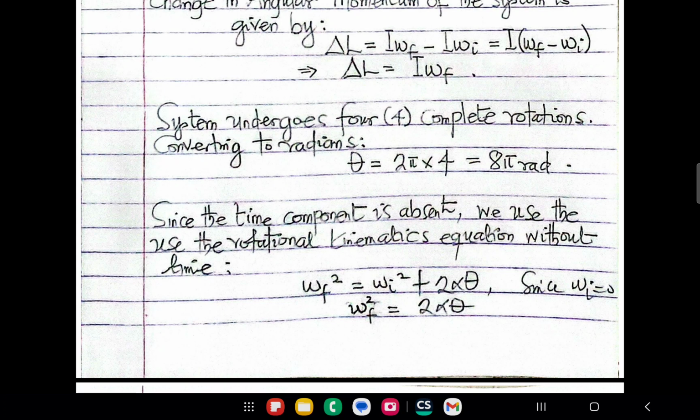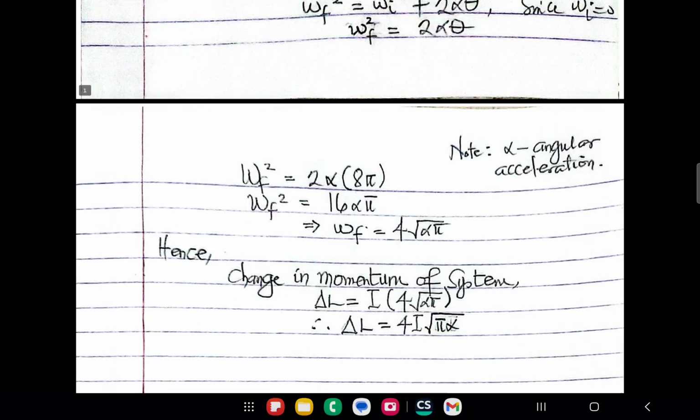So our formula becomes the final angular velocity squared is equal to 2 times alpha times the angular displacement. And that should give us our final angular velocity to be 4 square root of angular acceleration times pi.